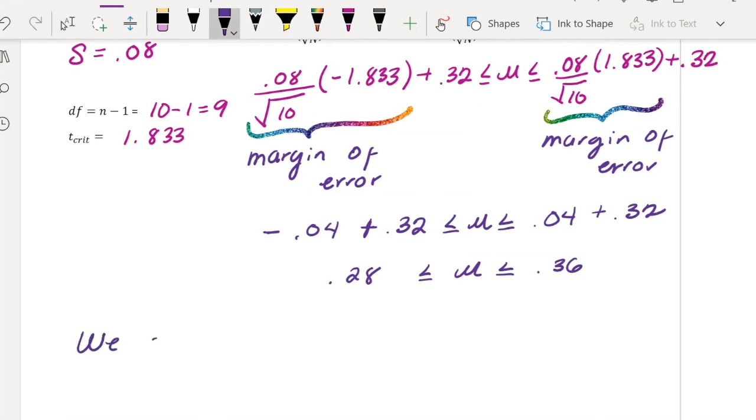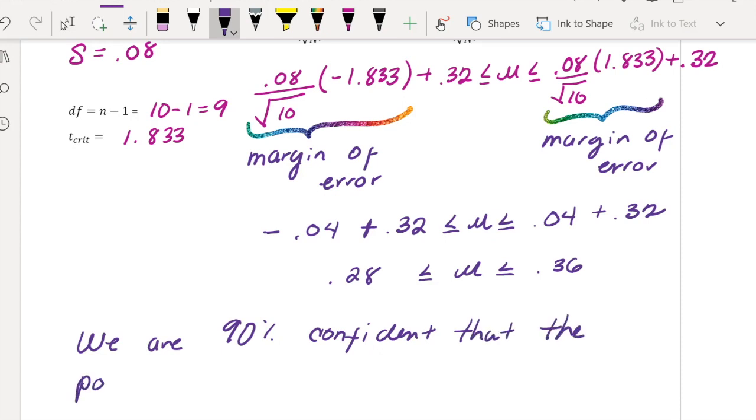So we are, in this case, 90% confident that the population mean of what?